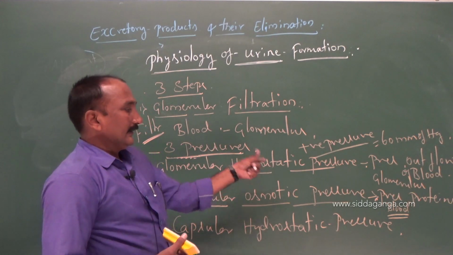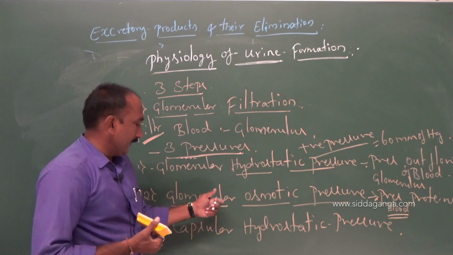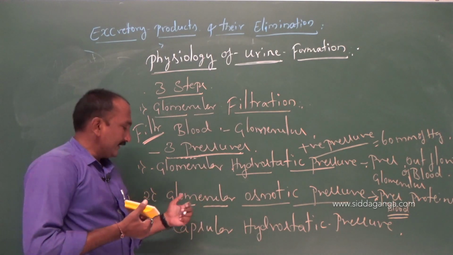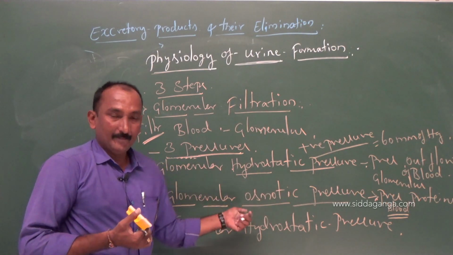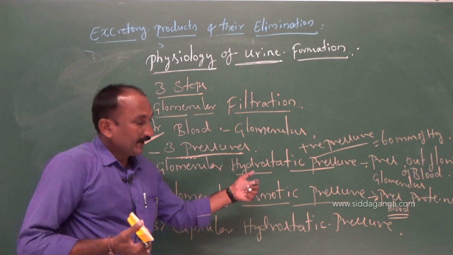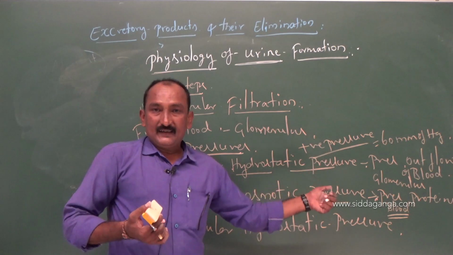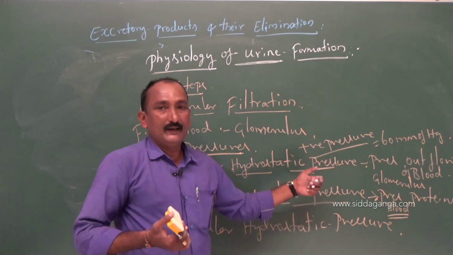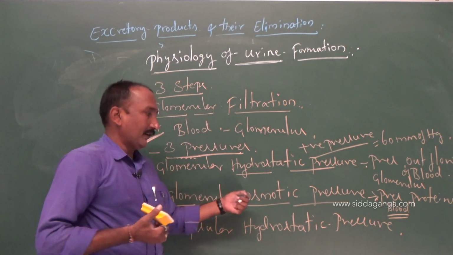The pressure exerted by the proteins of the blood in the glomerulus is known as glomerular osmotic pressure. Once again, what is glomerular osmotic pressure? It is the pressure exerted by the proteins present in the blood of the glomerulus.